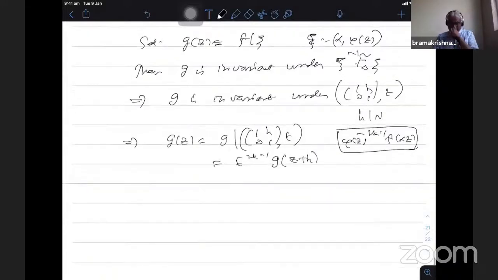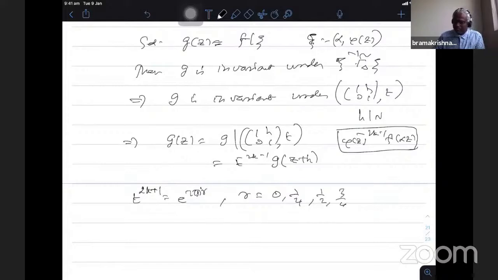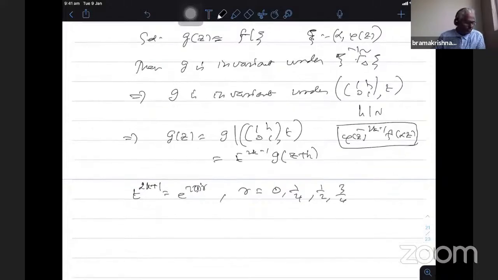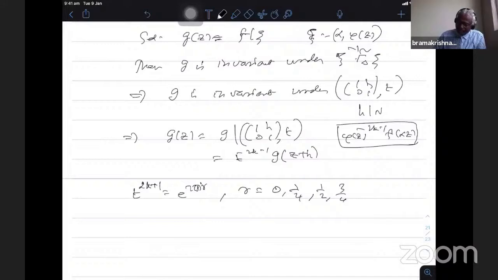That is what this tells you. Now write t to the power 2k plus 1 as e to the power 2 pi i r, where r is 0, 1/4, 1/2, 3/4. This is a fourth root of unity, so r can be one of these.